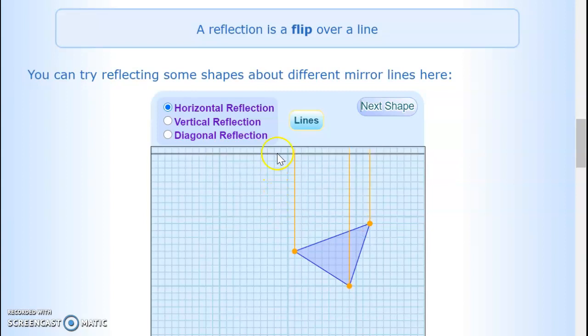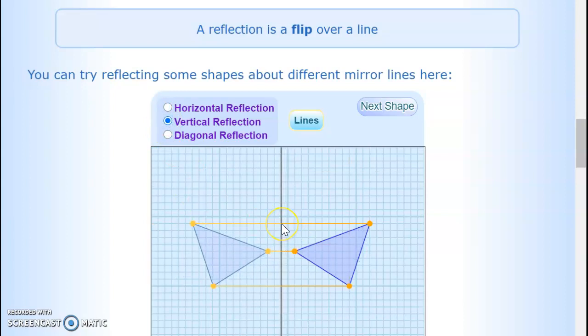Here the original image is this. It looks like it's pointing to the top right. Now the reflected image is pointing to the bottom right, right? So it is the reflected image, and depending on where the line of reflection is, the location of the reflected image changes. And I can do that for the vertical line.